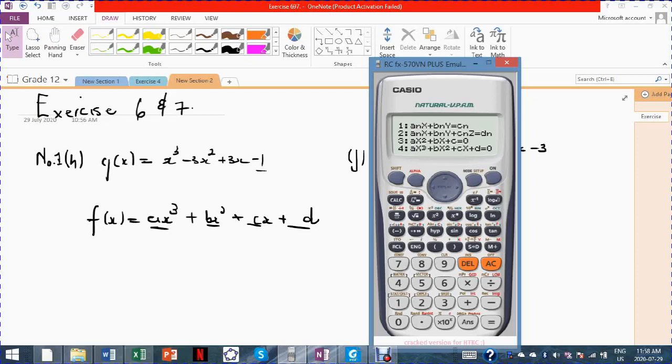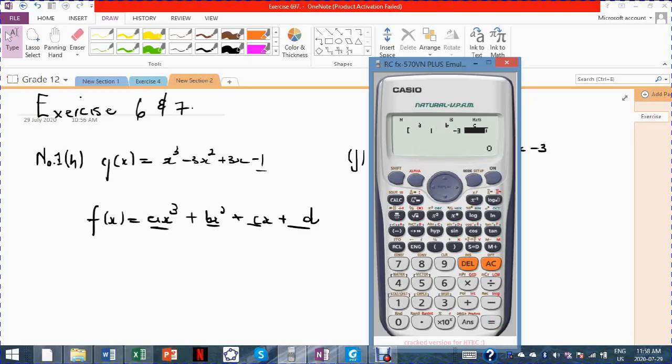So we press number 5, which we're interested in, our cubic equation. So press 4, and then it will take you to your parameters. My first parameter, a, is 1. You press 1, and then you press equals. For b you have -3, press -3, and then press equals.